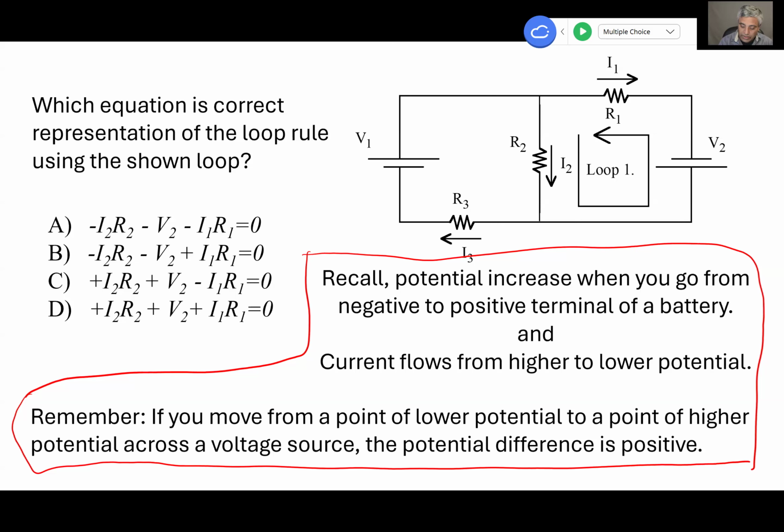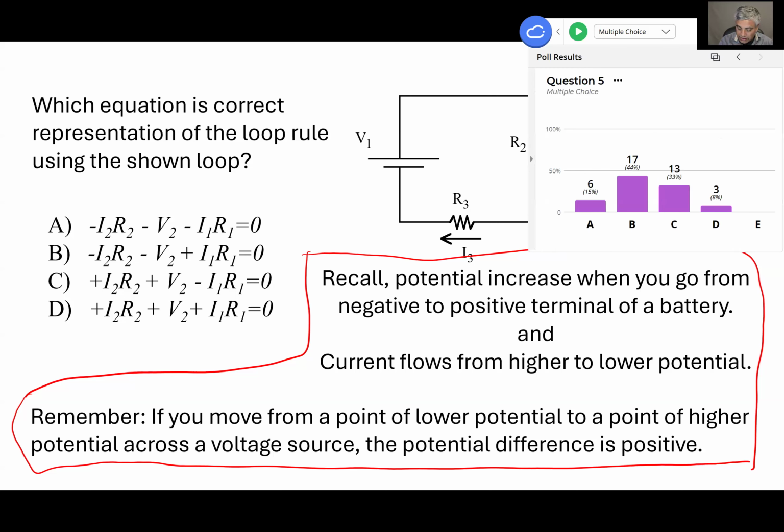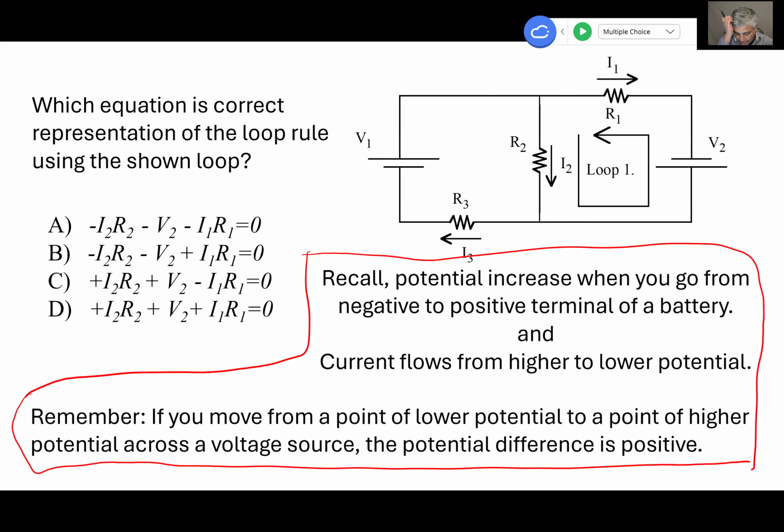Okay, let's see what we got here. So we have B and C as a bit popular, and B is more popular than C. Okay. So starting from here, we are going in the direction of current. Current always goes from higher to lower.